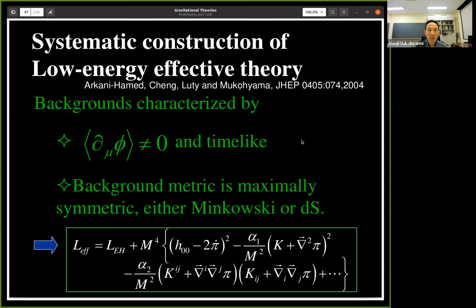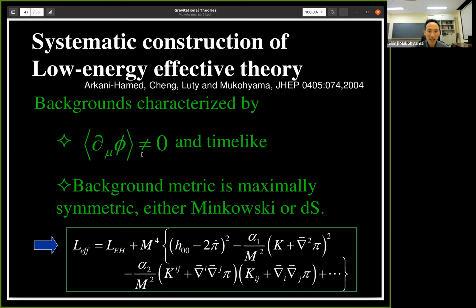Let's consider a background characterized by a non-vanishing expectation value of the derivative of the scalar field, and we assume that this is time-like, because, as I said, in inflation for example, the derivative of phi is time-like. This is the assumption. Also, we don't want to break spatial diffeomorphism and rotational symmetry. Our universe is almost homogeneous and isotropic, so we don't want to break it.